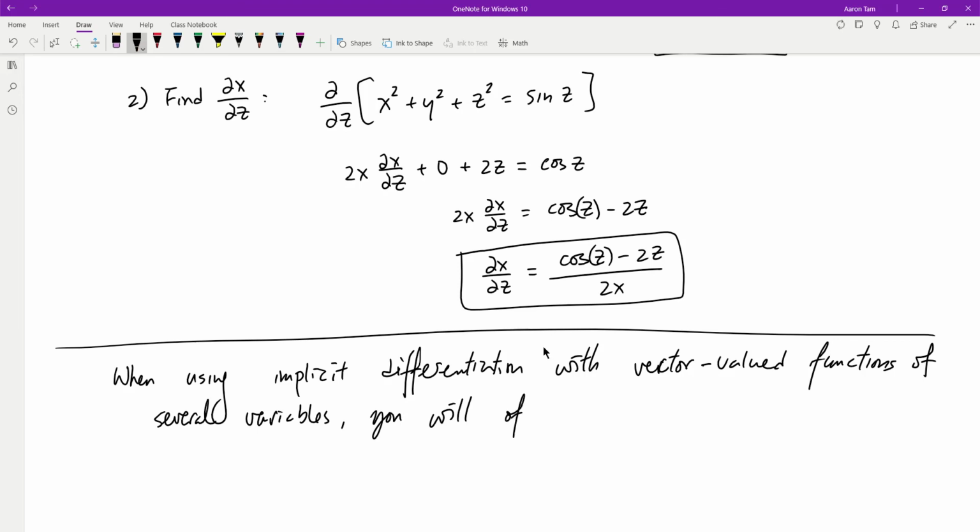And so what I want to talk about would be how to deal with that. So often end up with a system of equation.